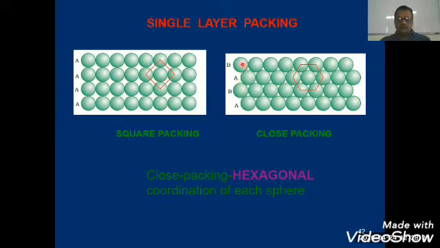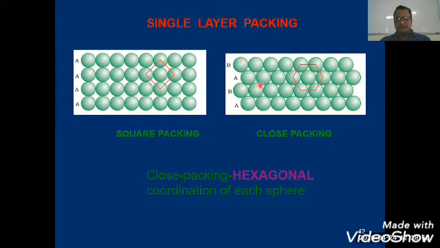Then the fourth layer, you can see, is not above the atoms of the third layer. The atoms of the fourth layer are exactly at the top of the second layer. So this atom is at the top of this atom. This atom is at the top of this atom. So this arrangement can be called A B A B A B type.